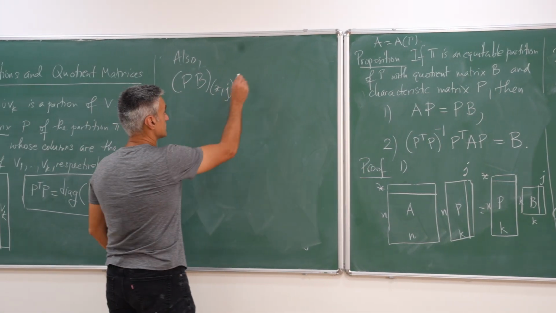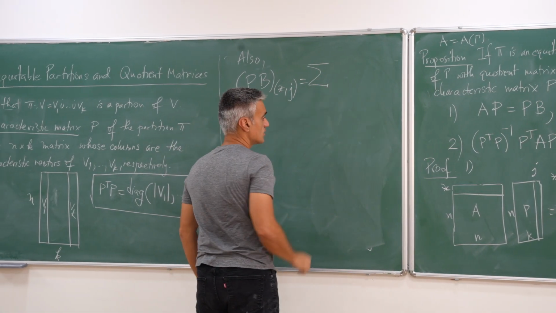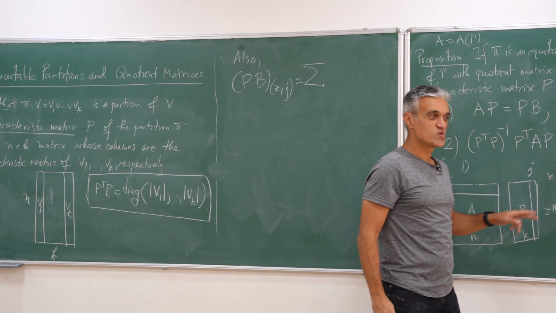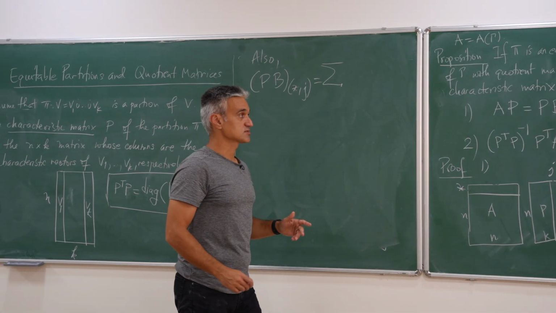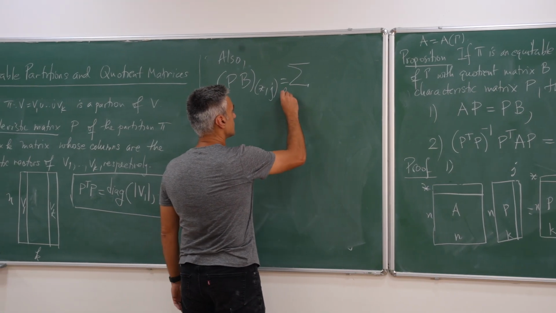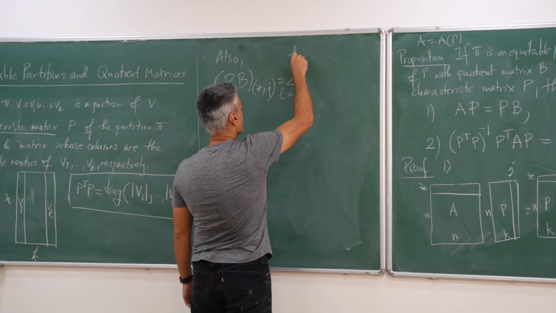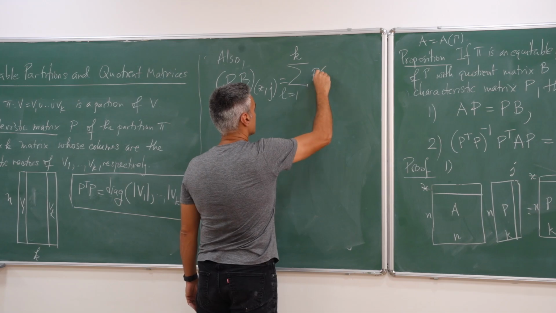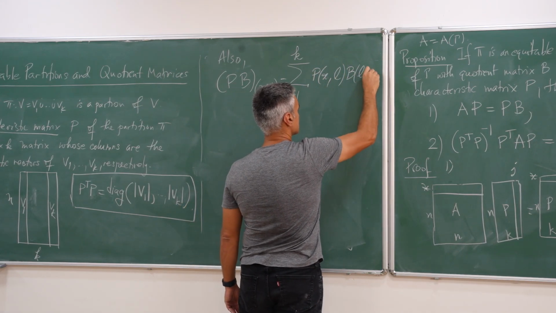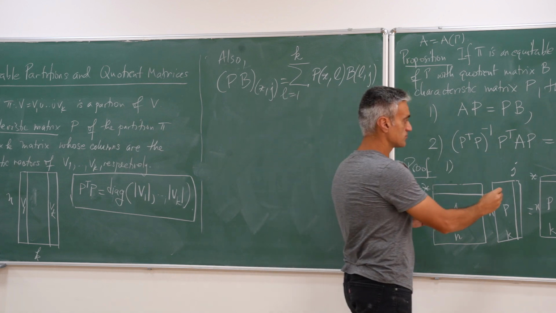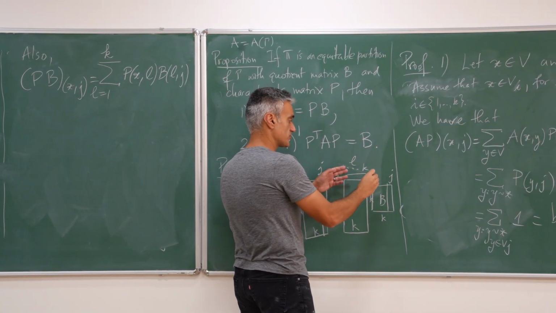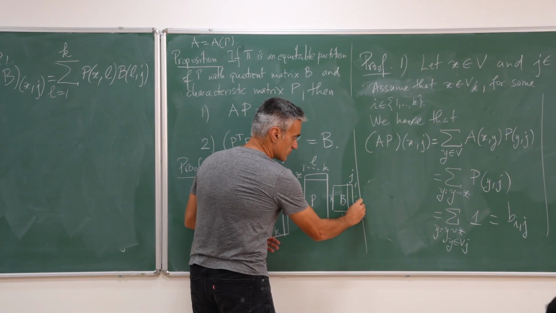So first, let's write it. Summation over. Now, what are these things labeled by? Partitions. So summation over, I use i and j, so let me use L. L equals 1 to k of PXL BLJ. So L basically keeps track of L. It goes from 1 all the way up to k.